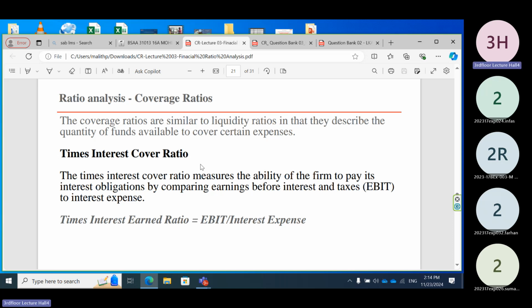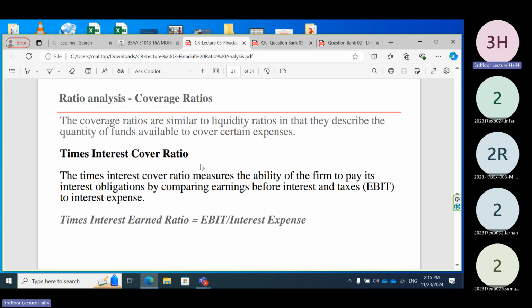We have the interest amount. Let's say we have operating profit. Yeah, operating profit, this much, 100. Your interest 10. Operating profit 100, interest 10. You have 10 times recovery, a kind of safety. 10 times.